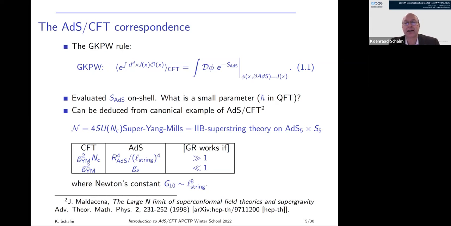Now, the interesting part is that we didn't use string theory to compute all the correlation functions in the CFT yesterday, but we used just ordinary general relativity. And ordinary general relativity works when the string coupling constant is small, clearly, because we just do classical computations.